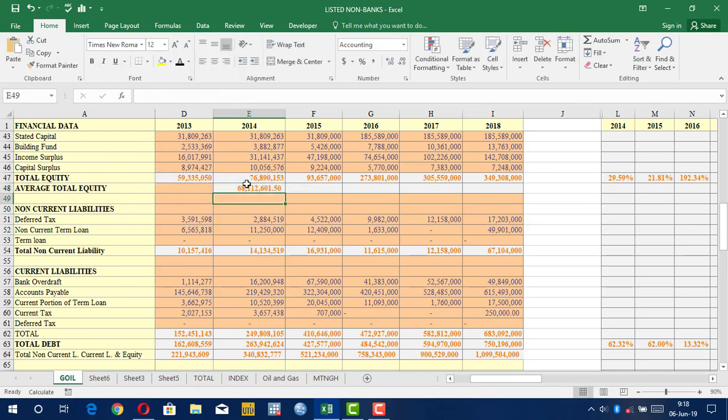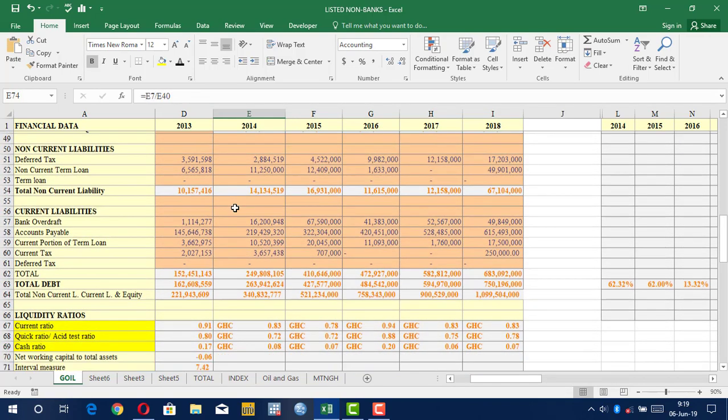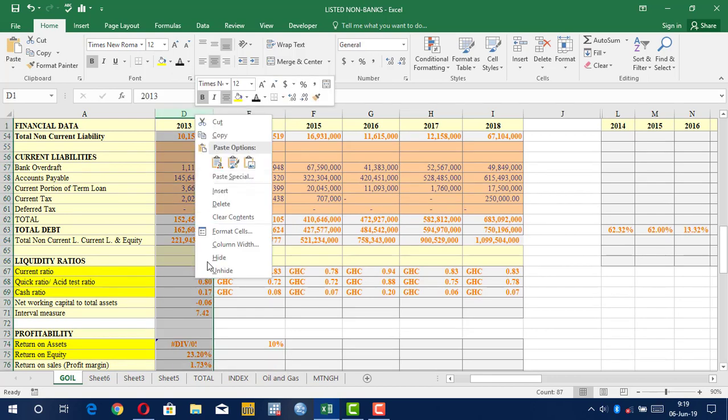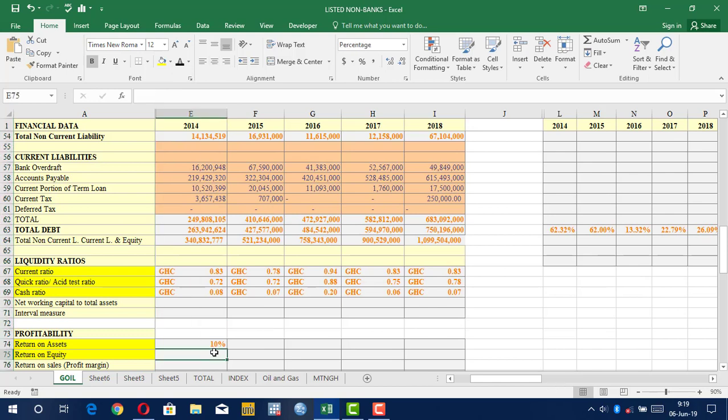That is also used to estimate the return on equity. So in 2014, we are getting return on assets to be 10%.